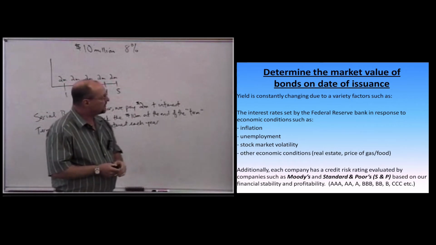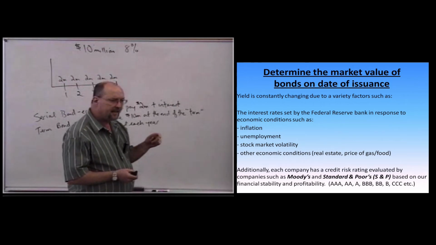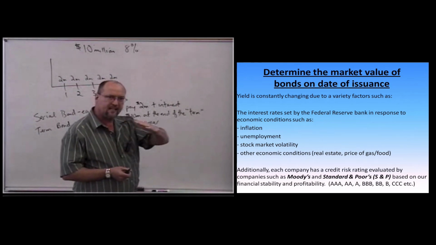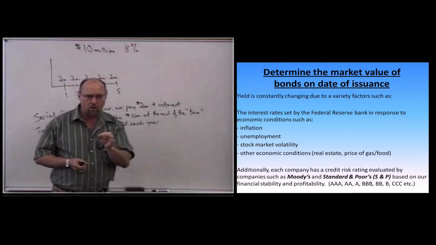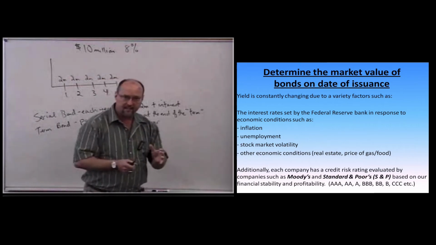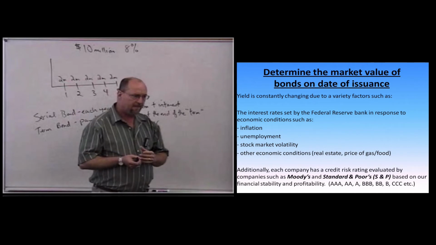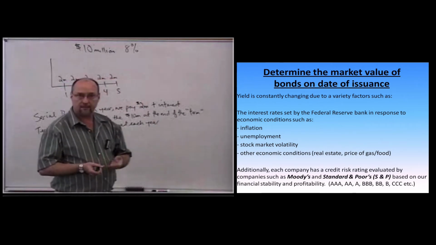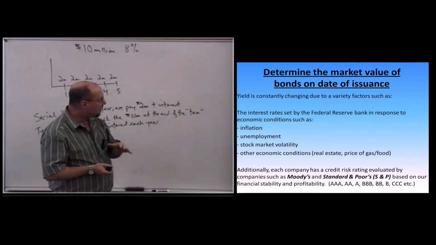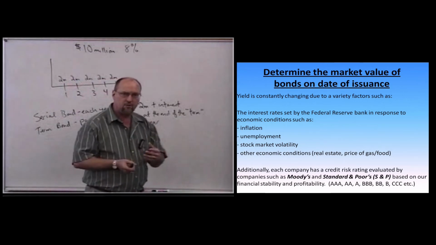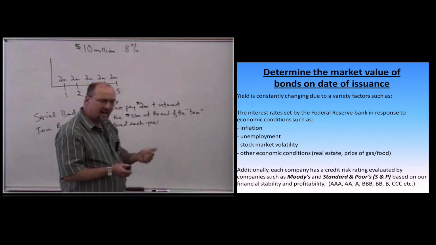Okay, now, we said that we have a contract rate, but we also have a market rate or yield, and interest rates in general are in constant motion. And they're not really controlled by any one person or party. The institution that most affects interest rates is the Federal Reserve Bank. Okay, they set interest rates, but interest rates move on their own in response to economic factors such as inflation, unemployment, stock market volatility.